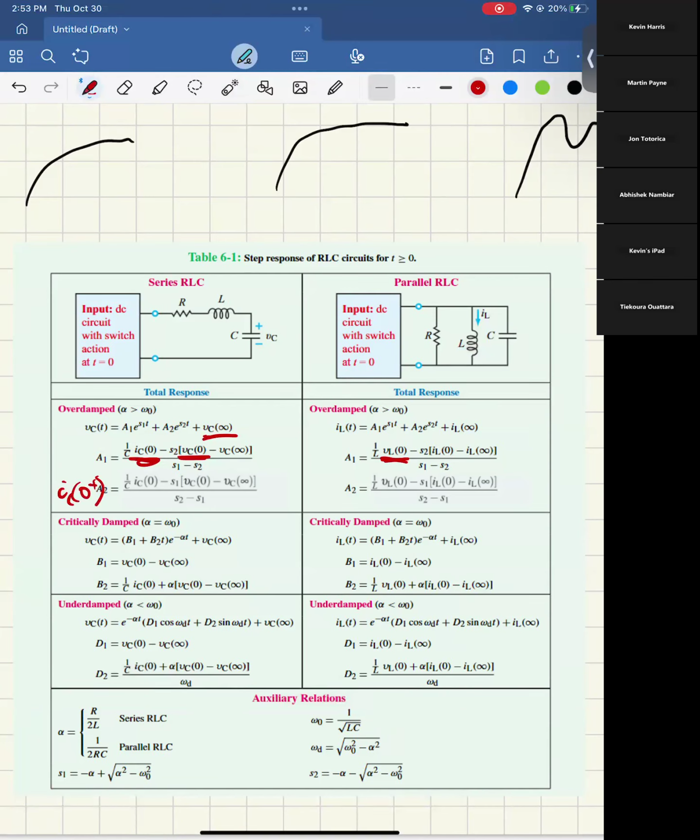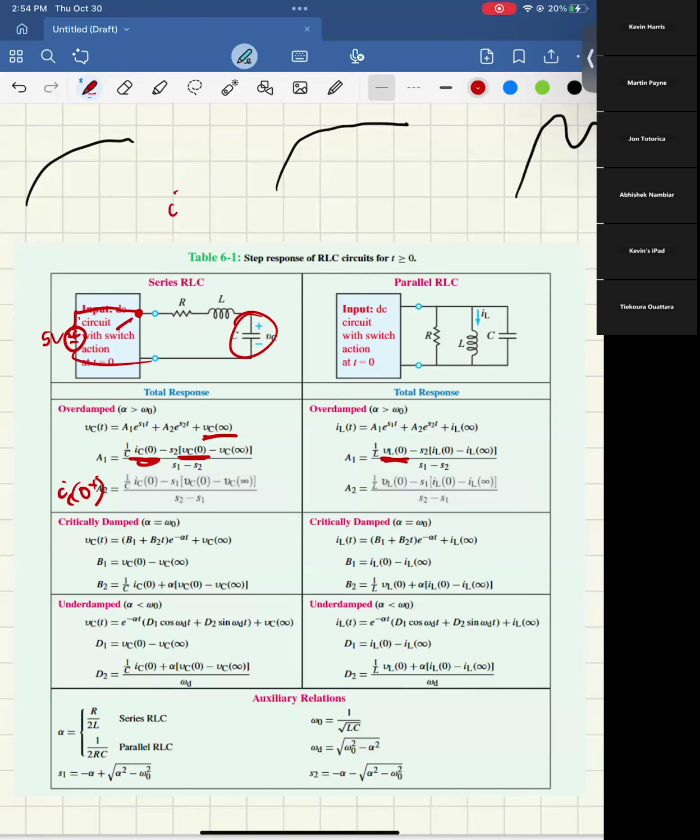So if you remember, let's say we had a 5 volt source here, and then it switched to something else. This is kind of a bad example, but the point is that the current through this capacitor could change instantaneously.